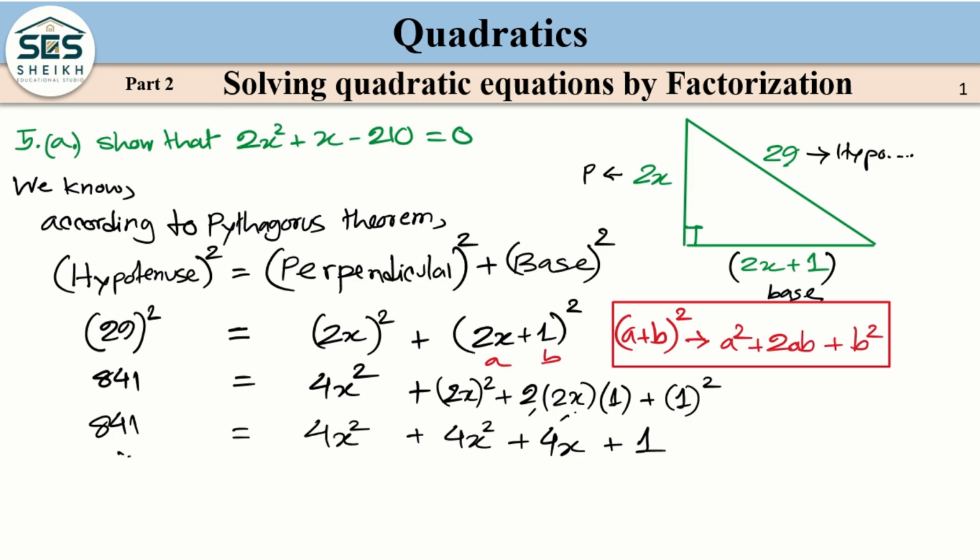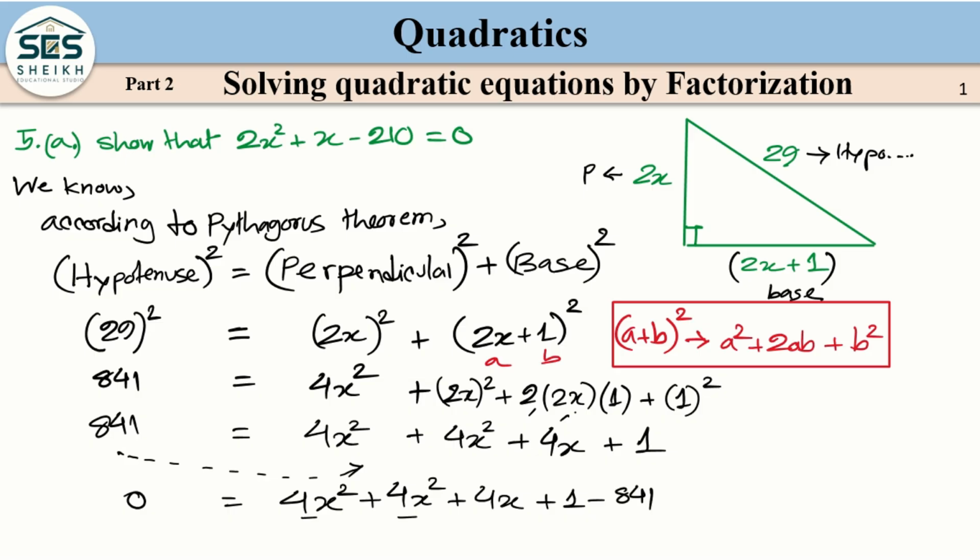So if we bring these 4x squared from our left side to our right side, then we can write 0 equals 4x squared plus 4x squared plus 4x plus 1 minus 841.